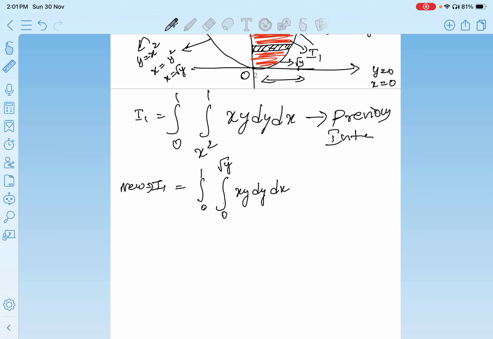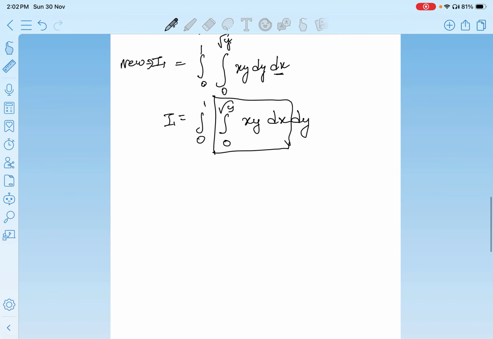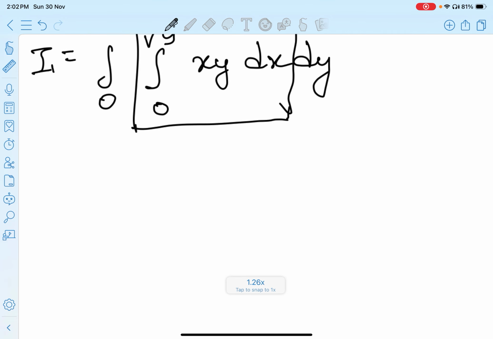So first I am going to take this, writing in order, I1: integral 0 to 1, integral 0 to root y, xy dx dy. Here this integration represents our x, so we are going to integrate with respect to x. First I am going to integrate this with respect to x.